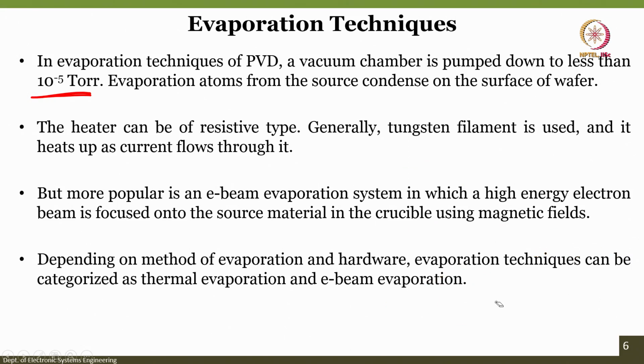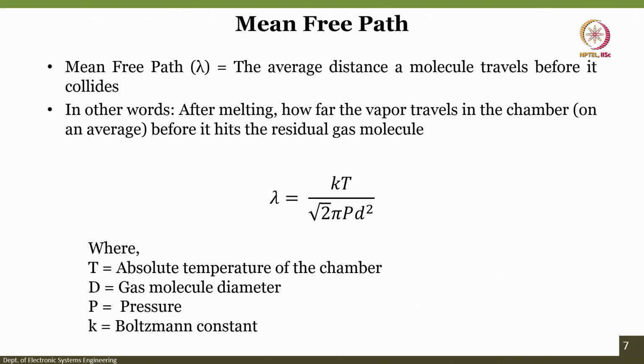And depending on the method of evaporation and the hardware, the evaporation technique can be categorized as thermal evaporation and E beam evaporation. Now, a very important thing that comes up when we are depositing a film using this evaporation technique is called mean free path. Here mean free path is given by lambda, and mean free path lambda is nothing but the average distance a molecule travels before it collides.